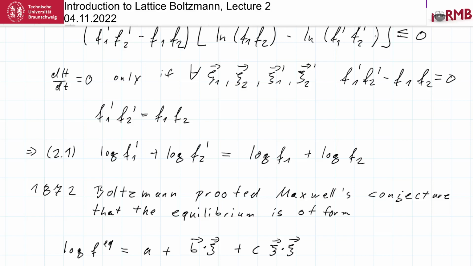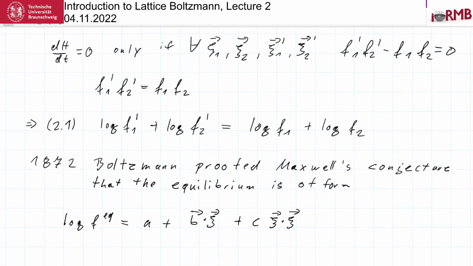The reason for this conjecture was, of course, that he wanted to see three different things that are conserved, namely the mass that you see here, the momentum in principle that you have here, and this would be the energy, and they would be conserved.